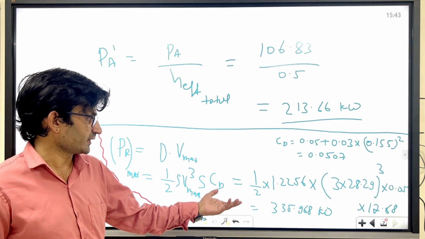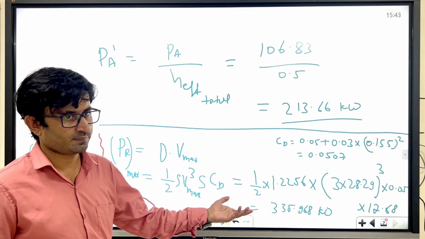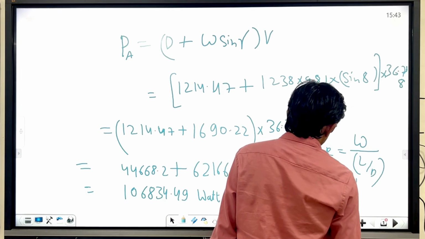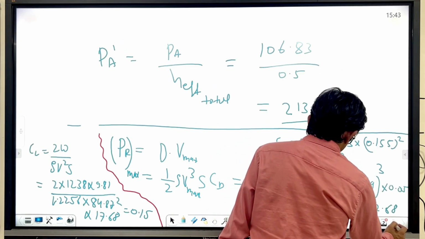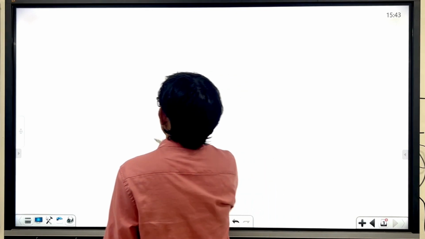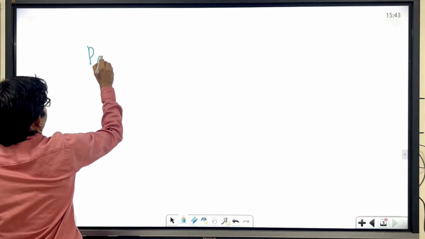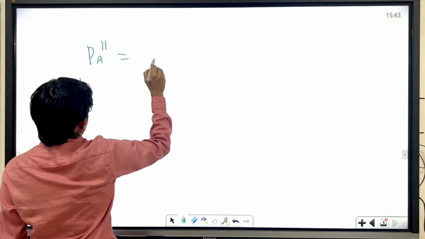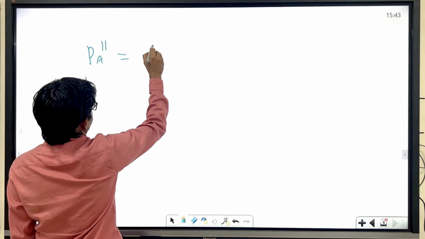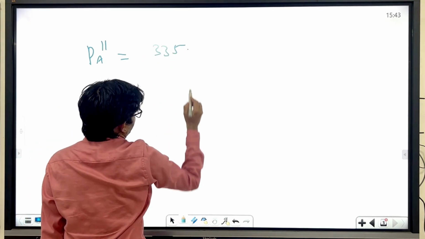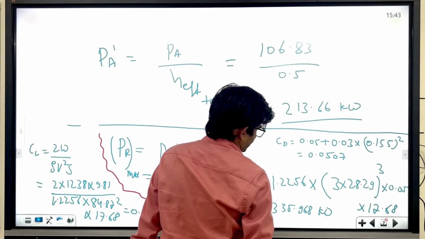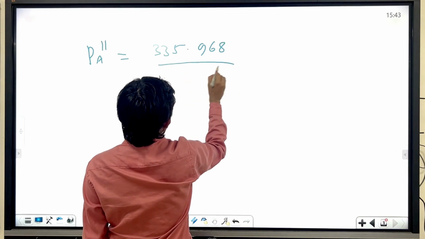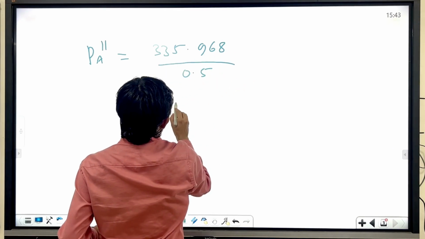For example, if you have selected the engine based on this power, 335, and with the efficiency and everything, what will you get? Power available, I will put a double dash here, because we have calculated at cruise condition 335.968 divided by total efficiency 0.5.